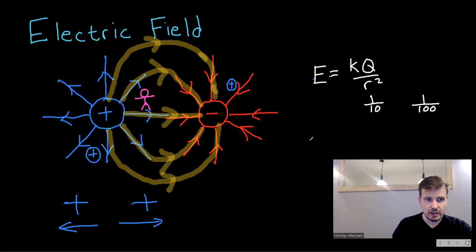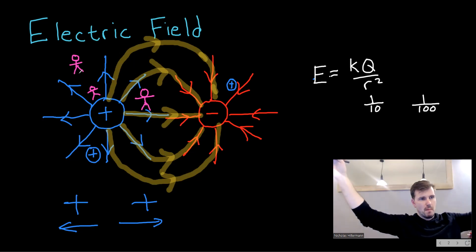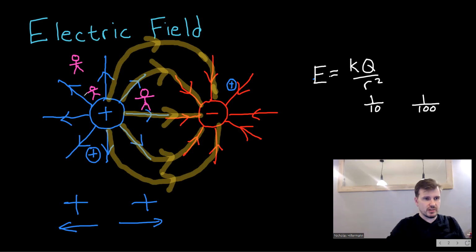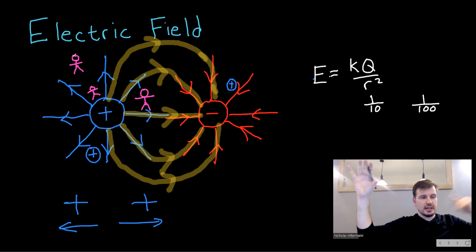So if you think of a person sitting here, he's going to experience a larger electric field than over here, because you can kind of see that the distance between the lines, if those represent field strength, is much smaller. It's kind of like something being diluted in water: it's quite concentrated at the center, and then as you go further and further apart, it gets weaker.